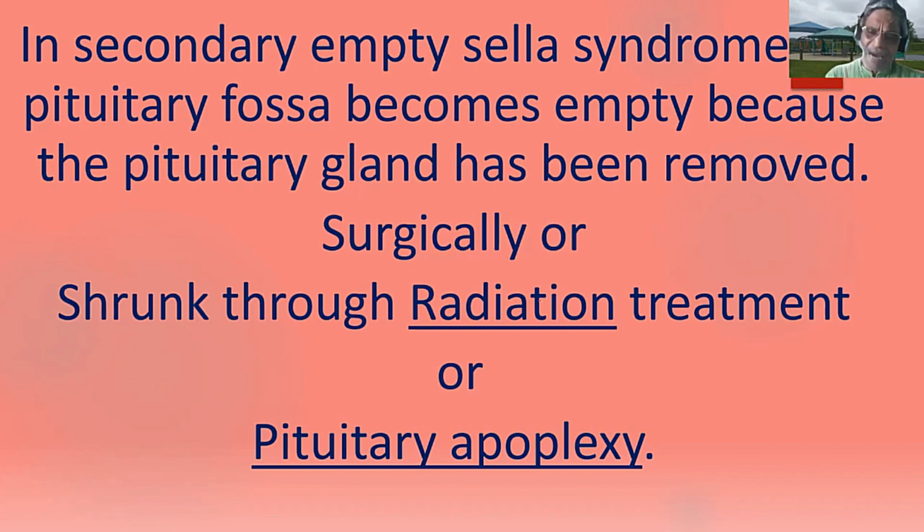These are all the common questions. I described what is primary empty sella and what is secondary empty sella. I told you the gap between the pituitary and the diaphragm sella, 10 millimeters. You know why I'm telling you this? They will ask you, doctor, the patient has an acidophilic tumor. Acidophilic means a microadenoma.